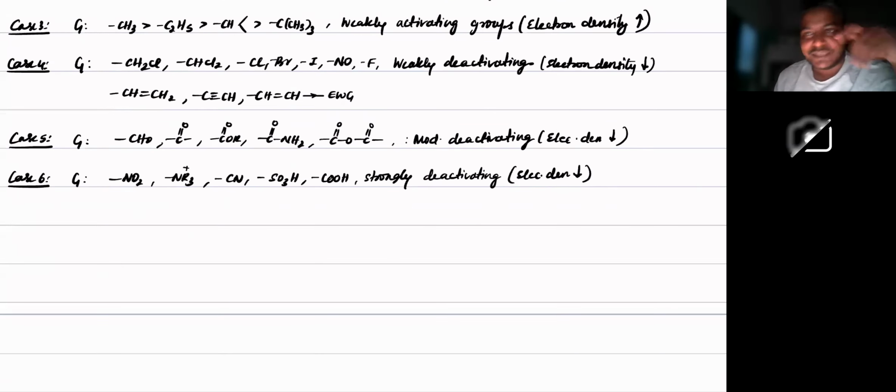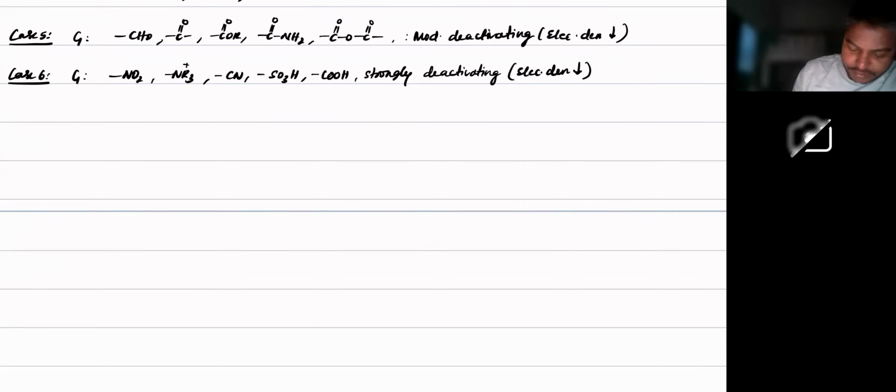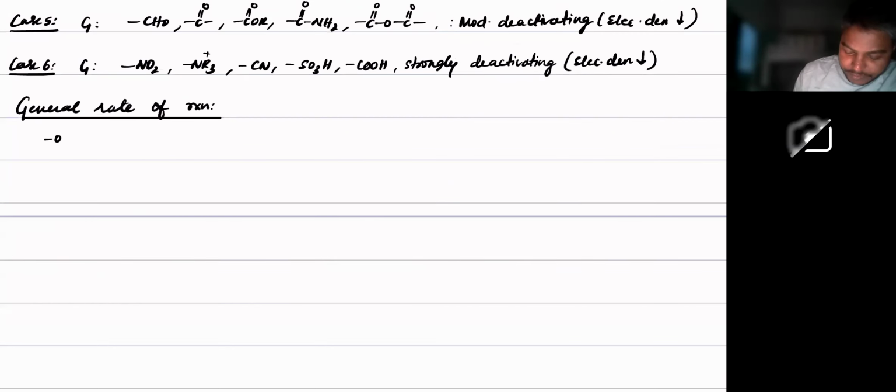Okay. General tendency, what is it? General rate of reaction, if you compare group-wise, this is how you should compare: OH, NH2, NR2.